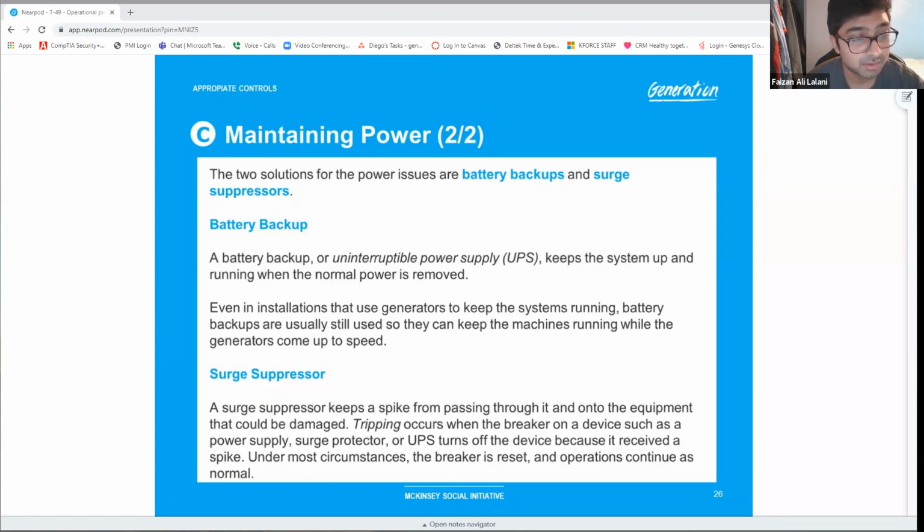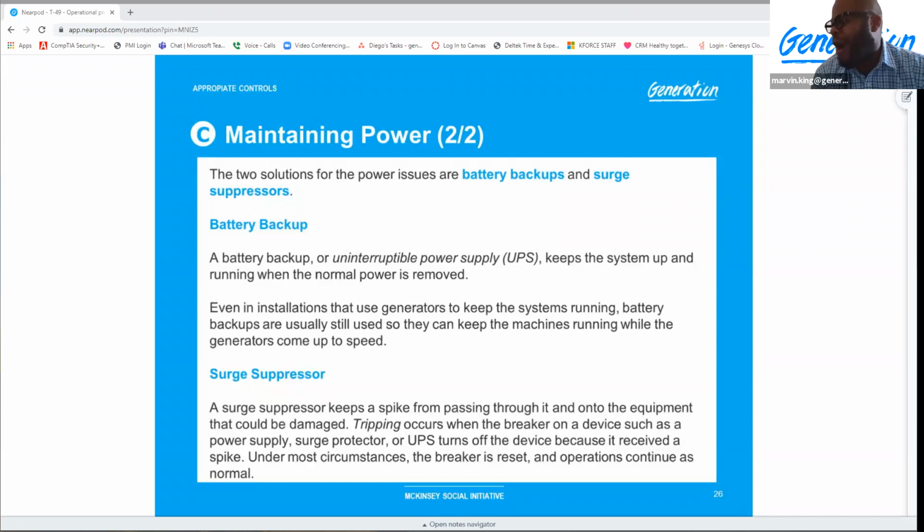Under most circumstances, the breaker is reset and the operations continue as normal. So the UPS, the sole purpose of UPS, people, is not to keep you going throughout the duration of whatever that outage is.